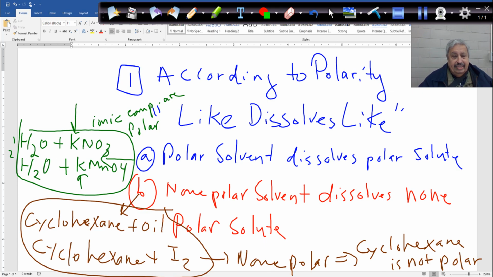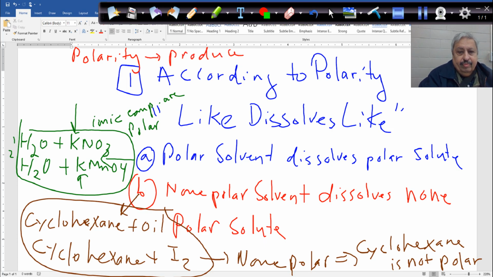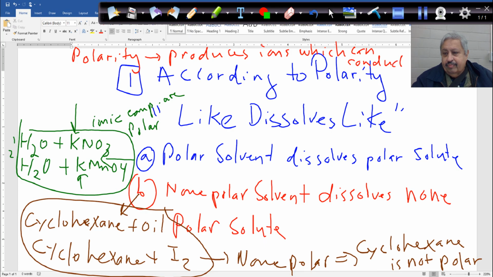And when I say polarity, you get to the idea, polarity produces what? Ions, which can conduct electricity. So let's put this note here: polarity produces ions, which can conduct electricity.